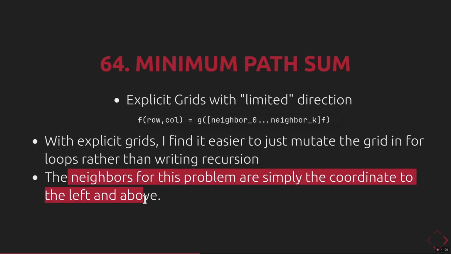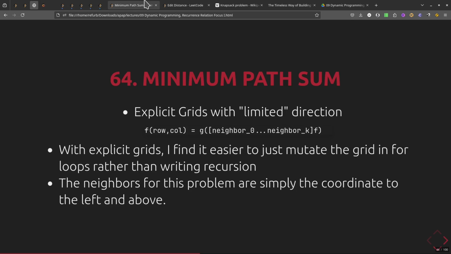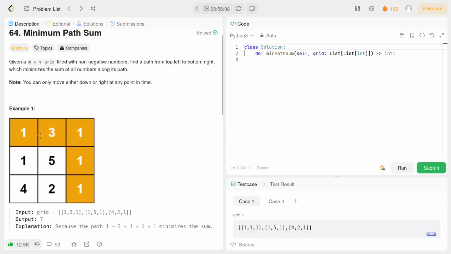And the neighbors of this particular problem are simply the coordinate to the left and the above. Why is that? Well, if you look at right here, what is the minimum cost of arriving at 5? The robot can only go right and down, so to get to this 5, it must have come from this cell right here, or this cell right here.